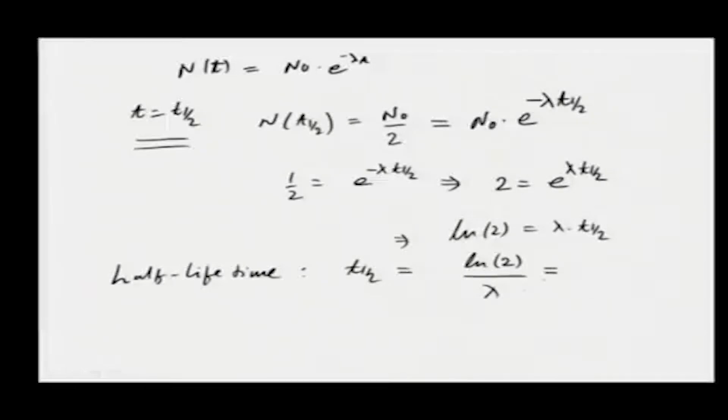which log 2 can be written as 0.693, truncating it up to the third decimal place, divided by lambda. So, half life is a measure. This is probabilistic.